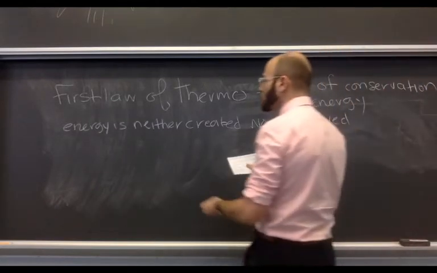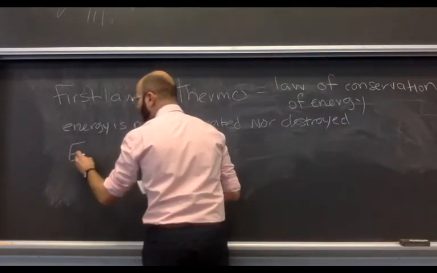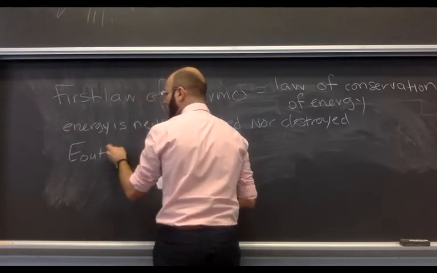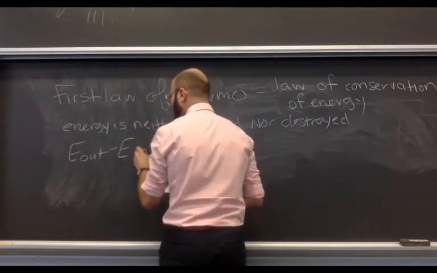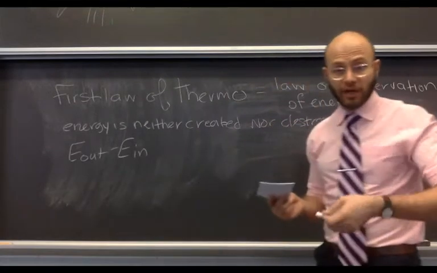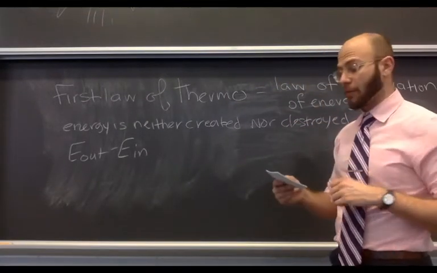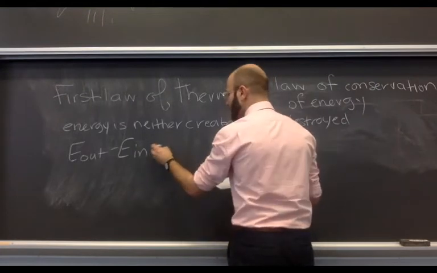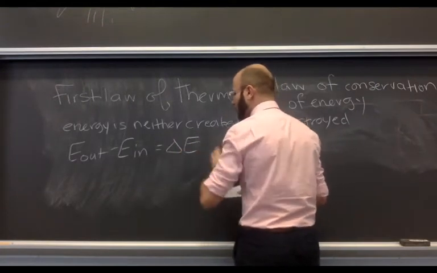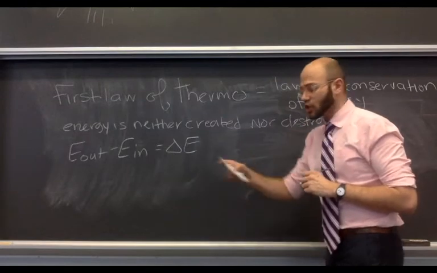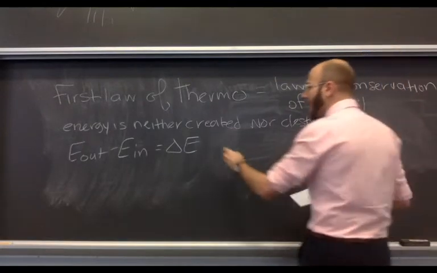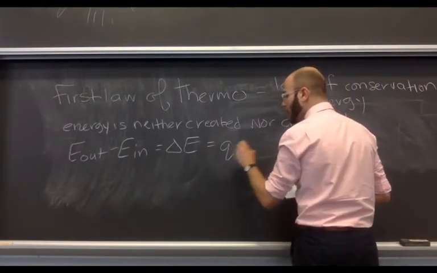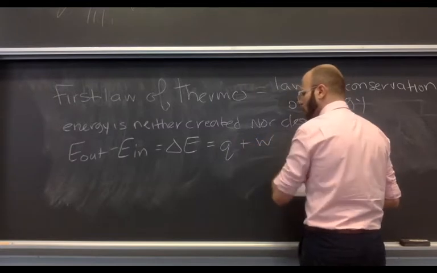And so, right, we described the other day the idea that the energy out minus the energy in of, say, a change in process, burning something, some chemical reaction, the total is going to equal the delta energy, right? That's how we represent the change in this case. And we will now define this as the sum of the heat plus the work.